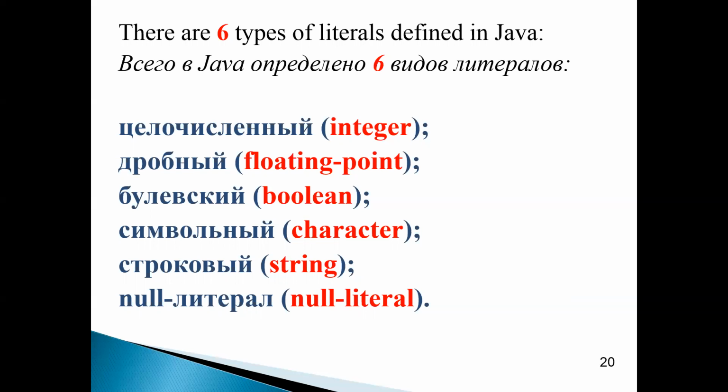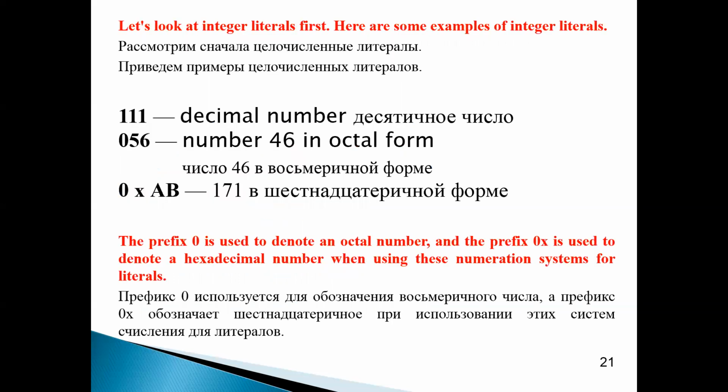They are integer, floating point, Boolean, character, string, and null literal. Let's look at integer literal first.